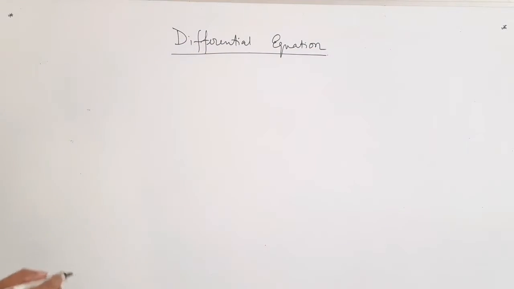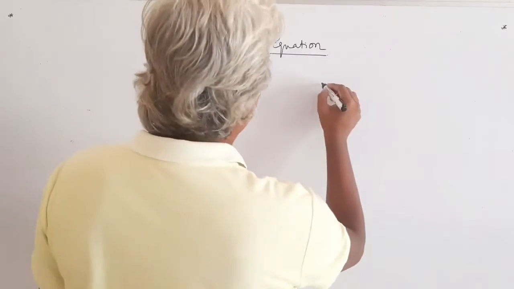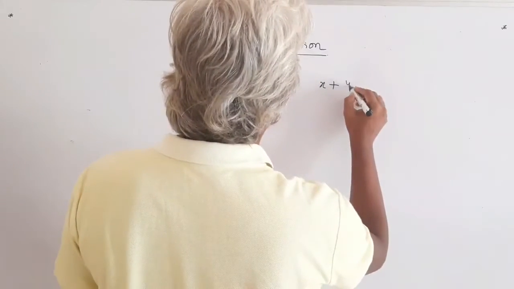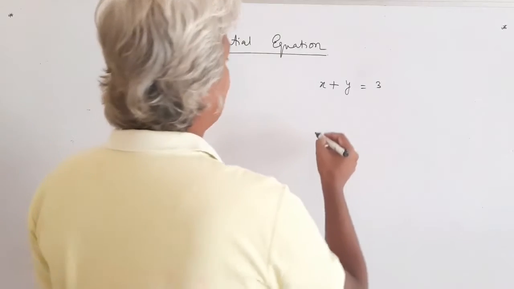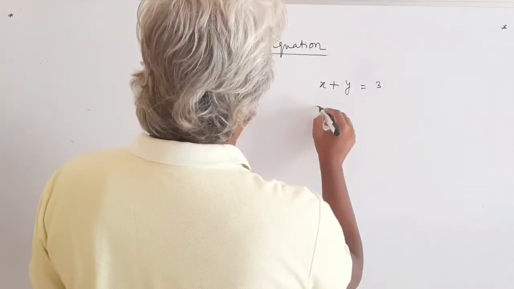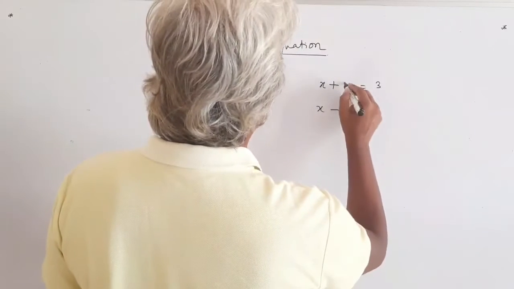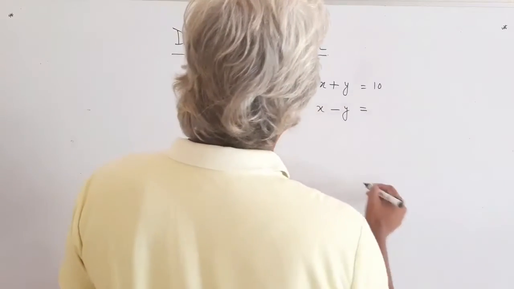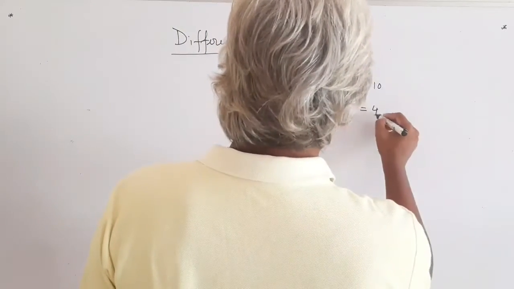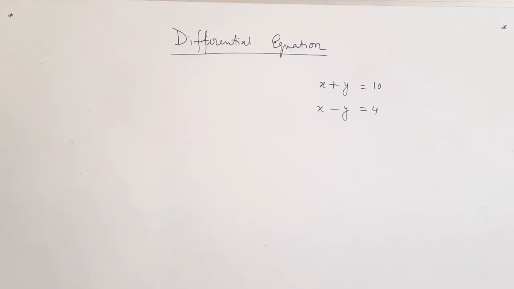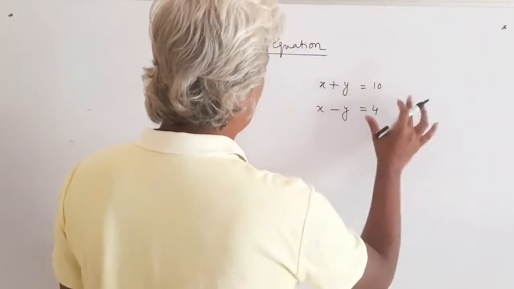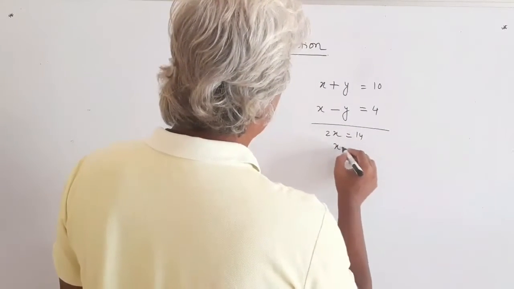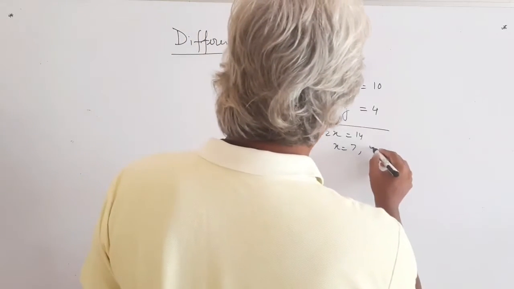You might have studied some different types of equations like x plus 5, or if I say x plus y equals 10 and x minus y is 4. So these are two normal equations, and if you solve these two equations you will find that 2x is 14, x is 7, and then y is 3.